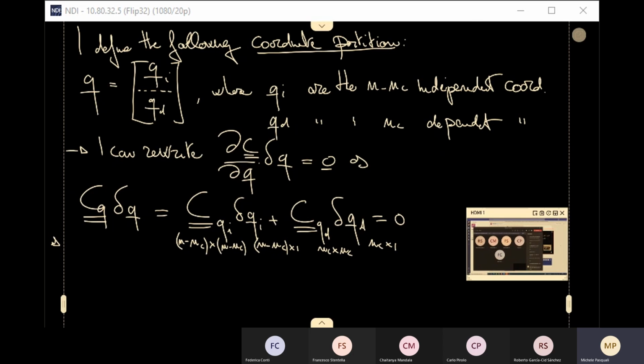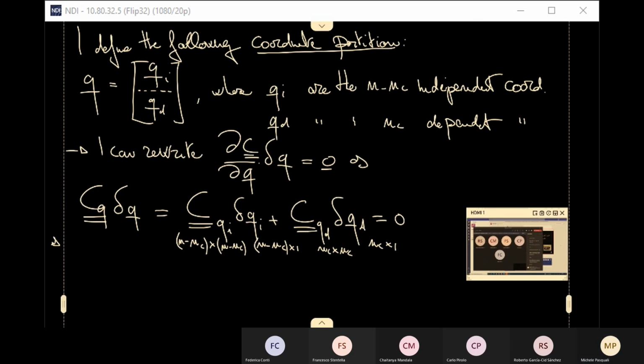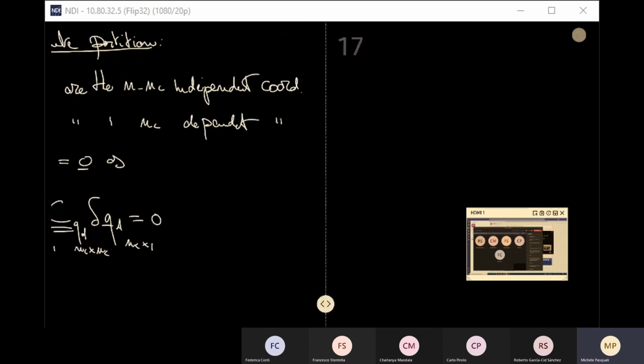So, since we are taking into account the fact that we have all linearly independent equations, we can choose this CQd, which is a submatrix of CQ, in a particular way, and then we're done.